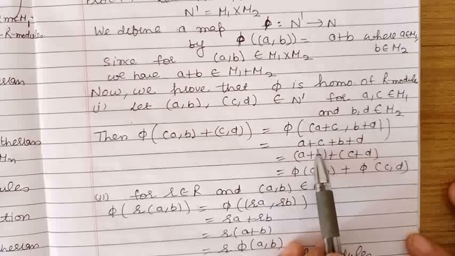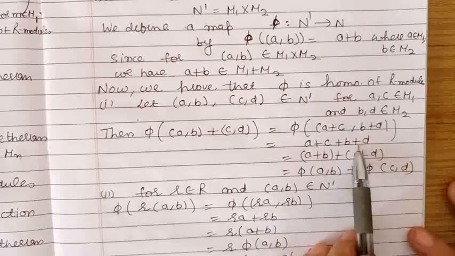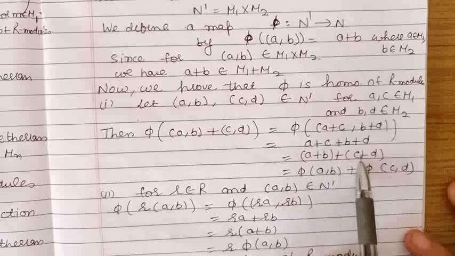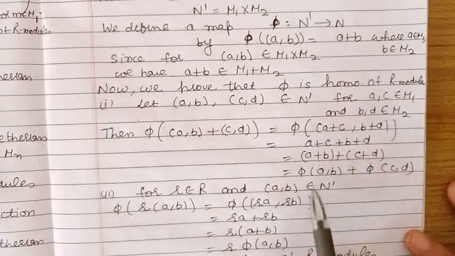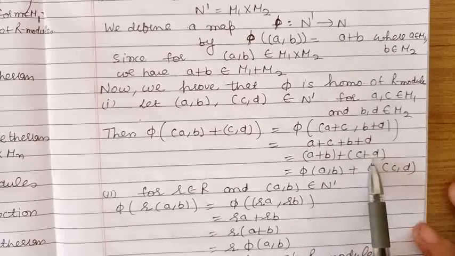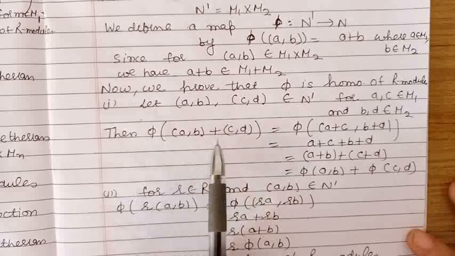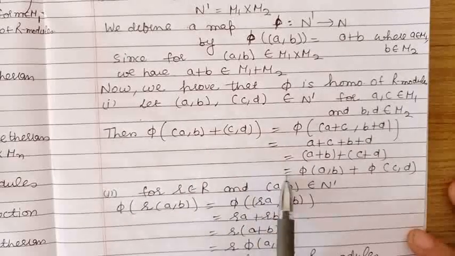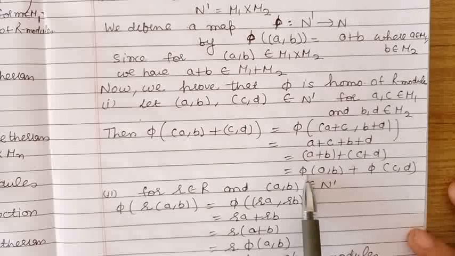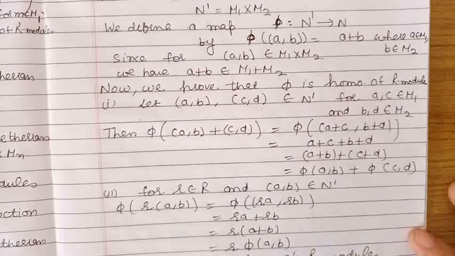So that will become A plus C plus B plus D. Now this can further be written as A plus B plus C plus D. A plus B is the image of the ordered pair (A, B) and C plus D is the image of the ordered pair (C, D). So we have proved that the image of a sum of ordered pairs is equal to the sum of images of the ordered pairs. The first condition for the homomorphism of R modules is satisfied.